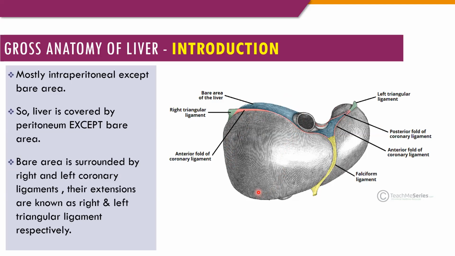Remember we have cavities: abdominal cavity, cardiac cavity, pleural cavity. The abdominal cavity is covered by the peritoneum. So the liver is covered by the peritoneum except at its bare area. The bare area is surrounded by the right and the left coronary ligaments. The extensions are known as the right and the left triangular ligaments respectively.